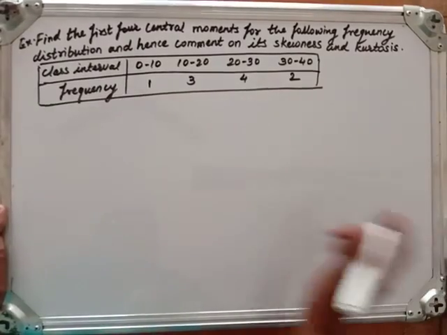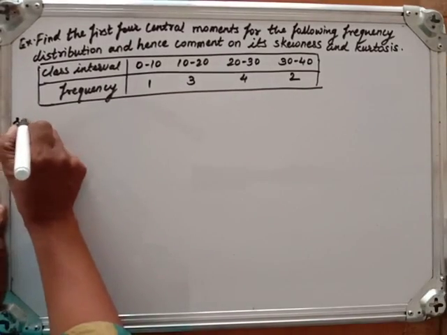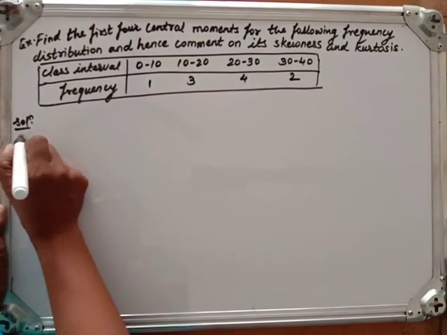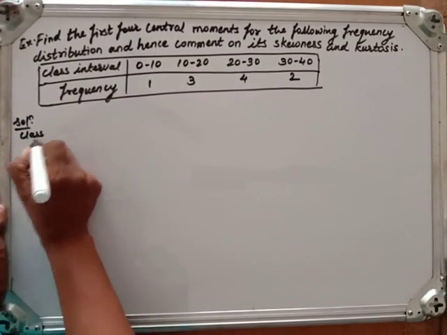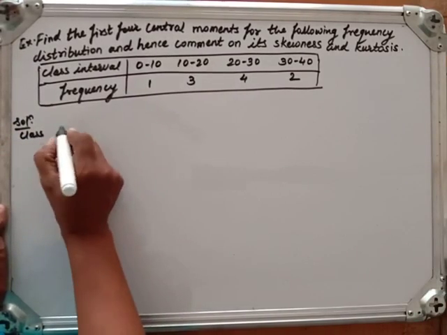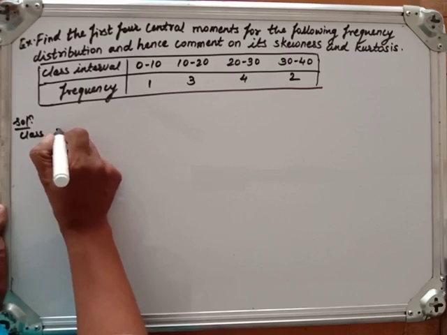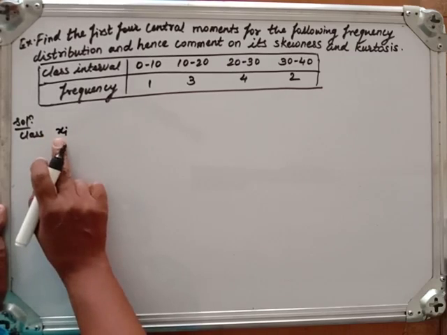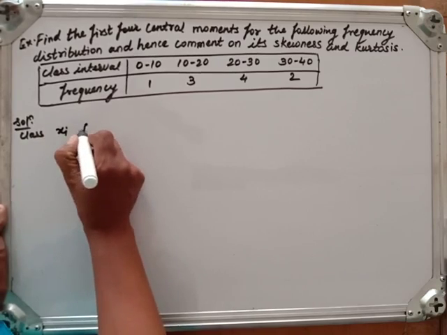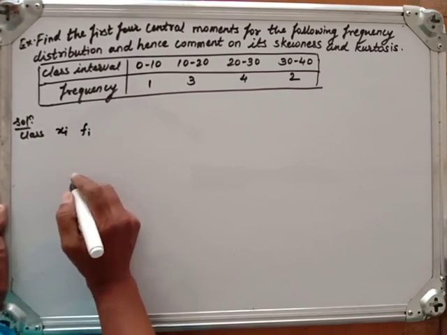So let us prepare a table solution. First of all, what is given? Class intervals, classes, then xi's are nothing but the class marks. Then fi's, frequencies, are given.